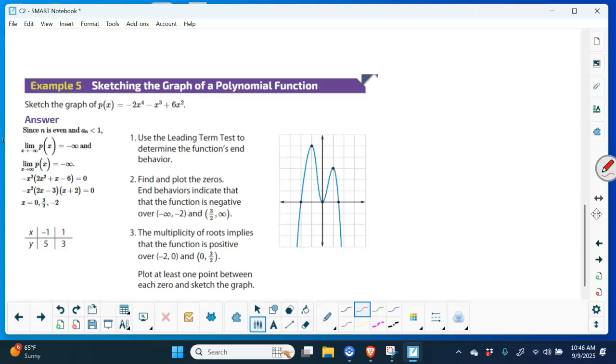Example 5 again shows you an interesting one. And notice here is a 0. It must have been a single factor because it crosses. Here is a 0. It must have been a single factor because it crosses. Here's an extrema at the x-axis that must have been more than one of the same factor to produce that. That's an interesting aspect there.